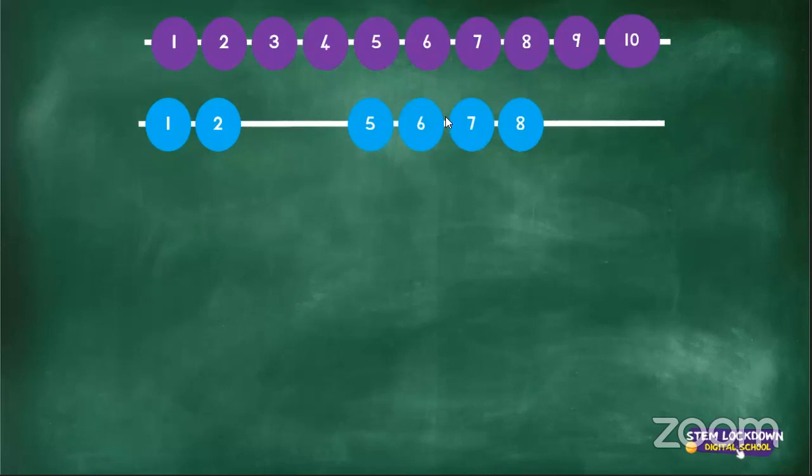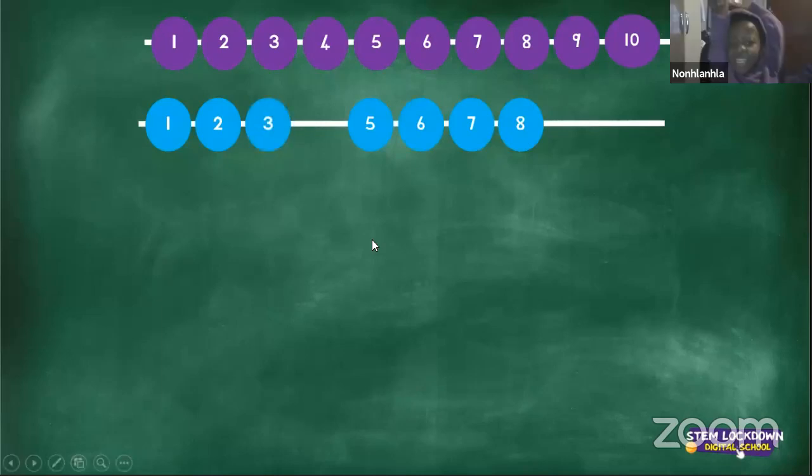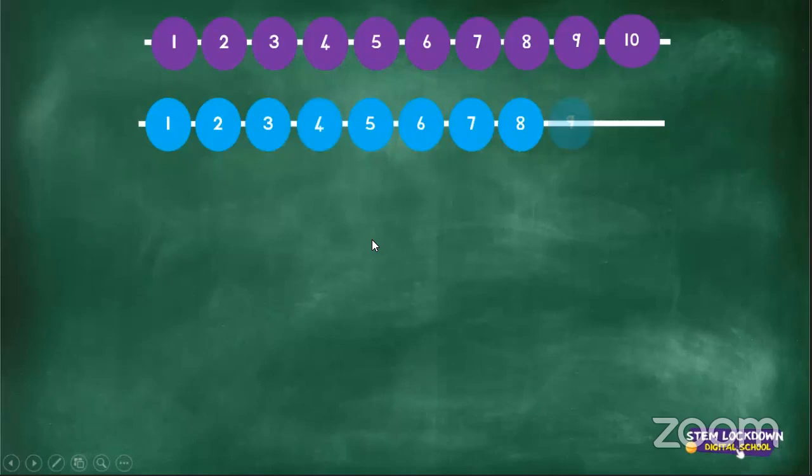All right, I see Franklin has the answer. Good. Mercy and Tibogo. Yes, tell us the answers. 3, 4, 9, and 10. Very good. Well done, grade ones.